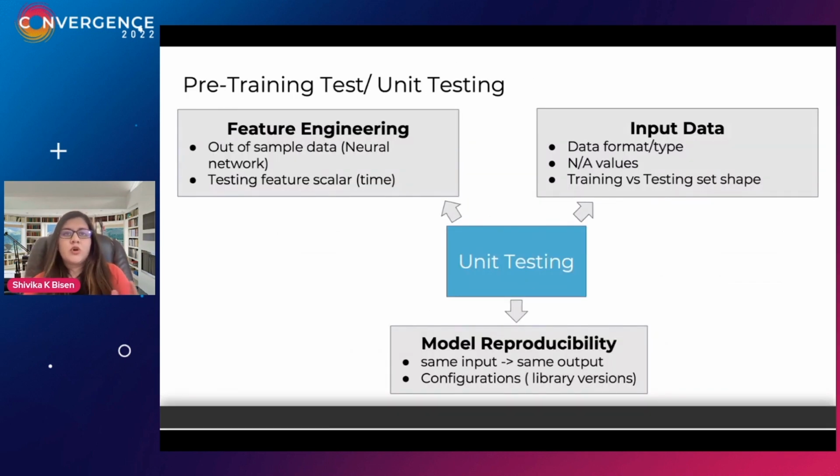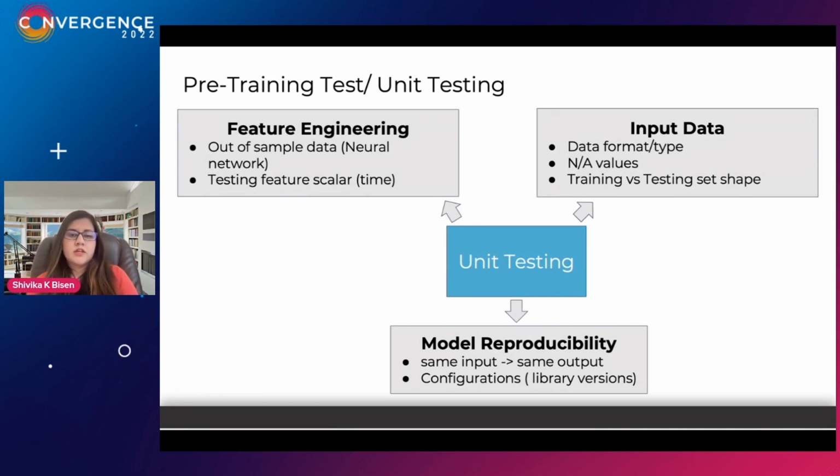Once we do that model evaluation, we then come to the pre-training test. This is the early stage when our model is going towards productionizing, right? So you can call it unit testing. One difference between unit testing of an ML system versus software systems is that you have to take different aspects of unit testing.